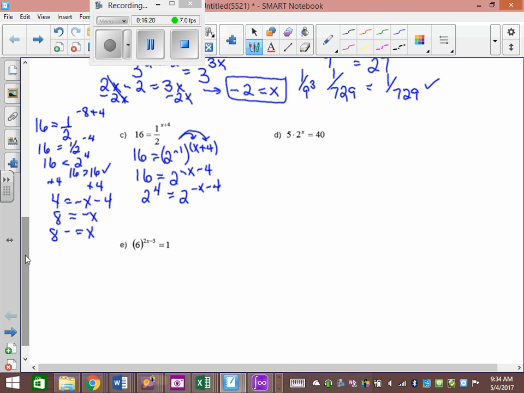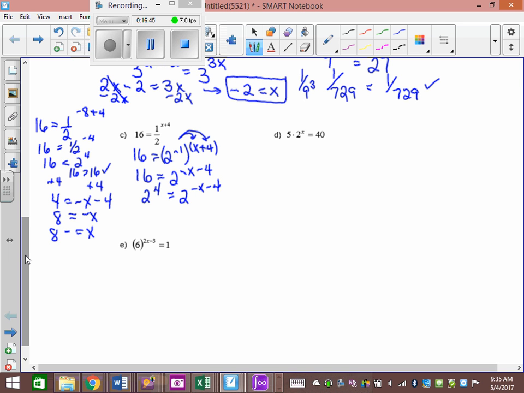If this was like 40 to the x plus 2 and I divided the 5 over, it'd be 1/5 times 40 to the x plus 2. The only reason why I can divide the 5 over is because the 5 and the 40 both do not have an exponent. If one of them had an exponent, you couldn't do it and you'd have to use logs, which we don't know how to do. So your homework today will have this be able to happen.